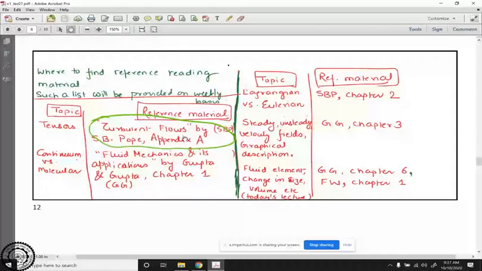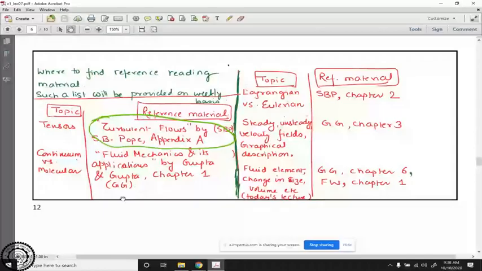And there again, you go to Appendix A. That book has a lot more advanced topics, but you have to go to Appendix A to get information about tensors. If my notes are not clear, you may want to read, and that will hopefully clarify your doubts. Continuum versus molecular fluid mechanics and its application by Gupta and Gupta, Chapter 1. That's where you will find relevant material.